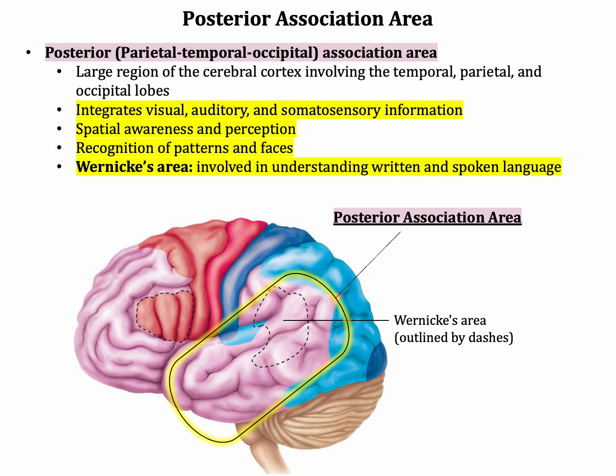And putting it into context, knowing if someone is significant or making it relevant to your past histories. And Wernicke's area is a major area in there as well, involved in understanding written and spoken language. That's a very complex process, which is found within this posterior association area.